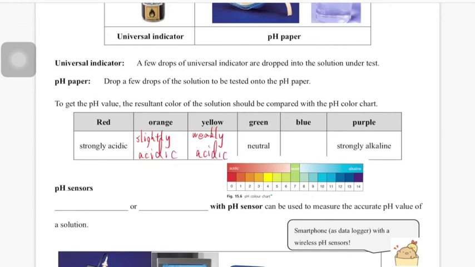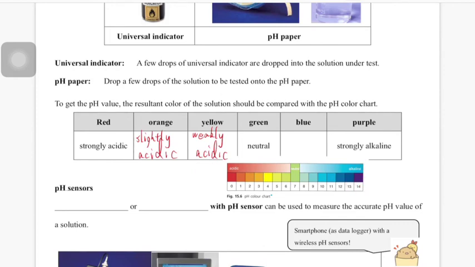Then we further increase up to neutral, and we get a green color. And then we increase a little bit to blue color, then we say it's slightly alkaline. And further to the region that we have a pH value of 14, then it becomes purple.